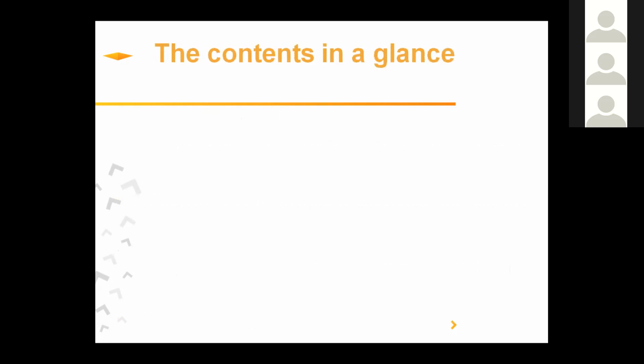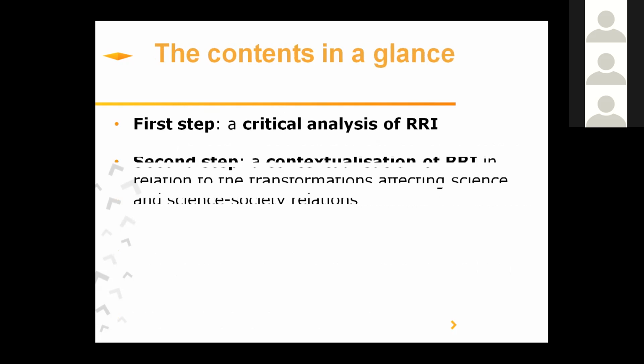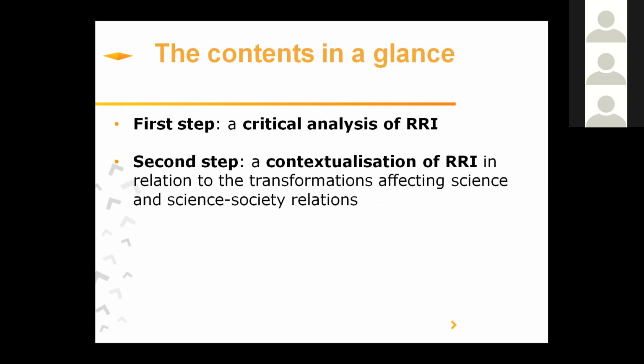So the contents of my presentation, at a glance, are organized in three steps. The first step is a critical analysis of RRI, followed by a contextualization of RRI in relation especially to the transformations affecting science and science-society relationships.